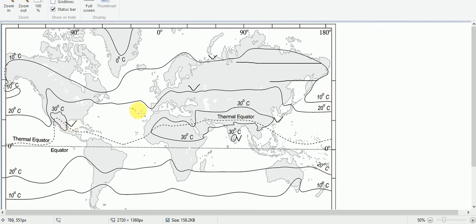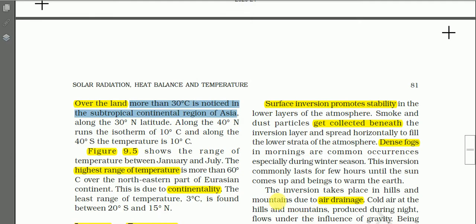Over the North Atlantic Ocean we have these isotherms of 20 degrees Celsius. That means the temperature is between 30 and 20, around 27 degrees Celsius, over the tropical seas.